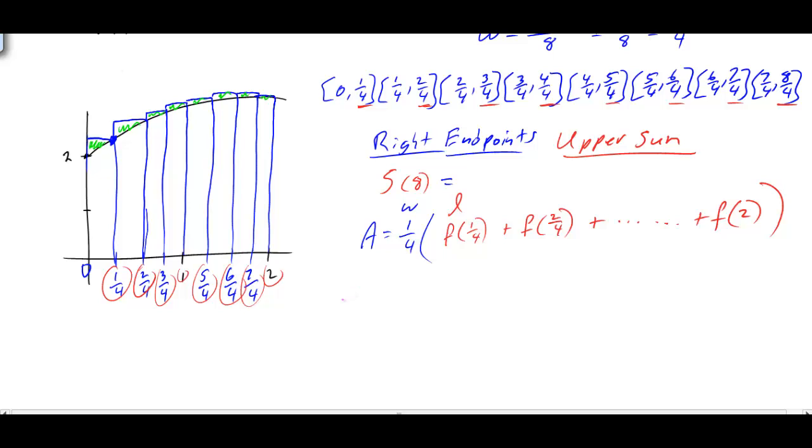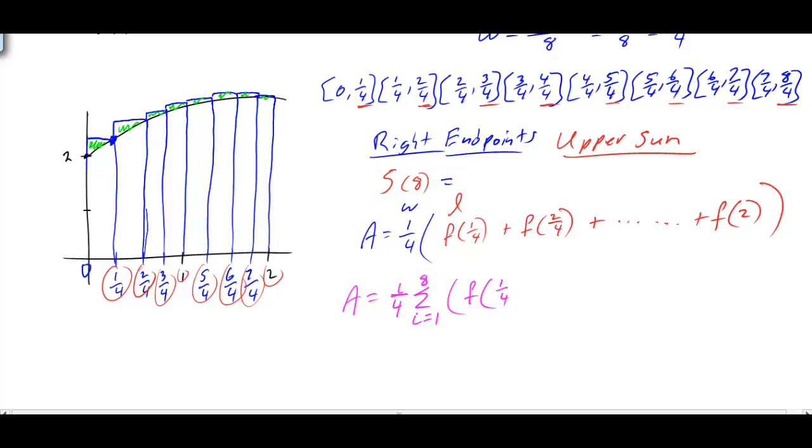Now, if we want to calculate the area using our summation, then we could take 1/4 out front, and we could start with i equals 1 to 8, because we're going to be summing this up from 1 to 8. We're looking at using 8 rectangles. And then we know that our function is going to be f of 1/4 i.